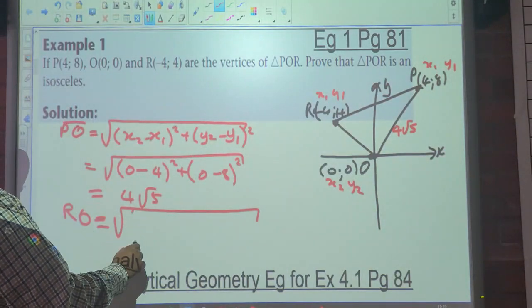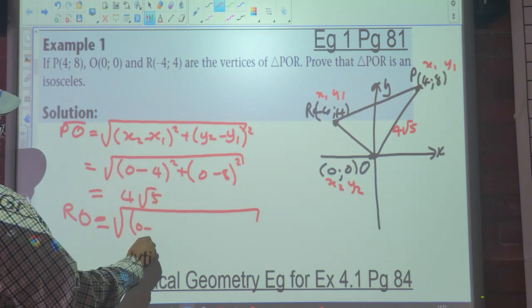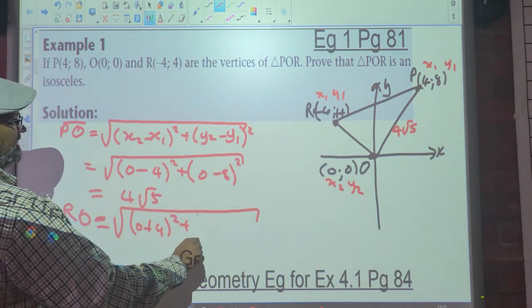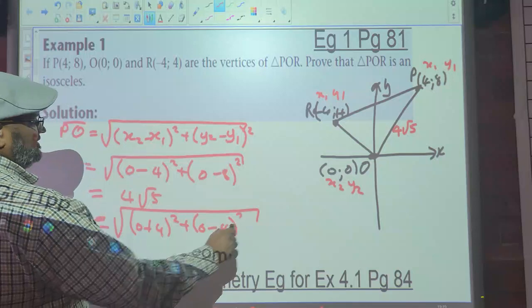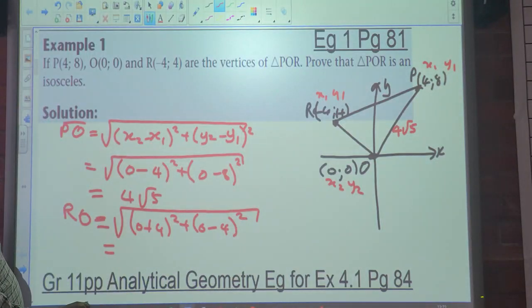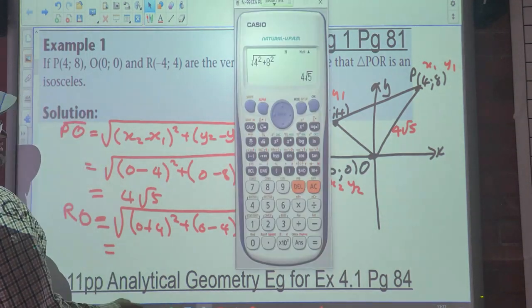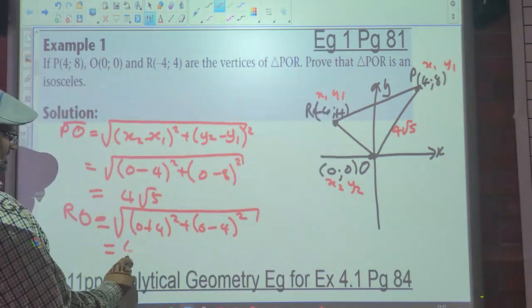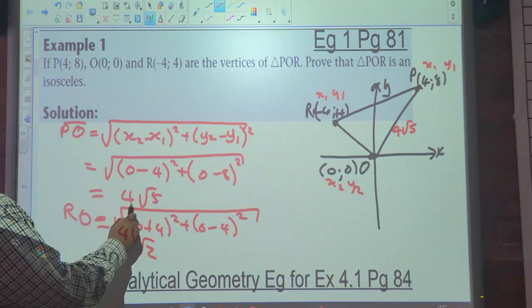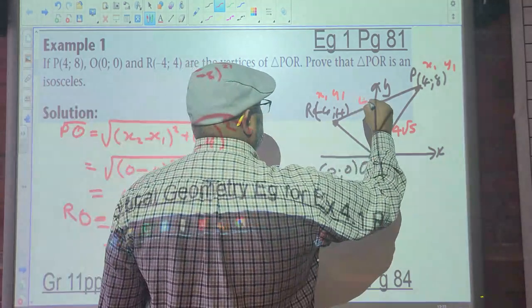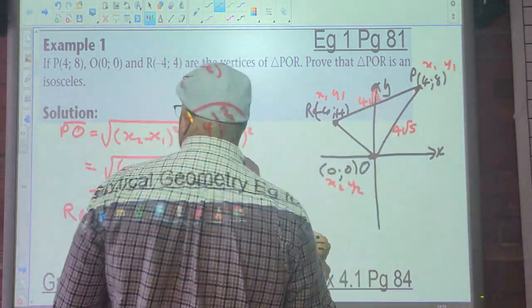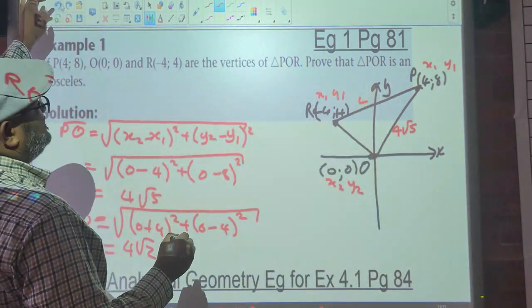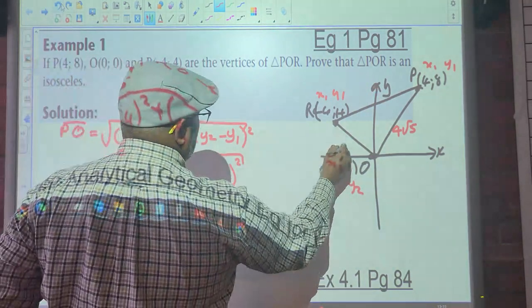So this will be 0 minus (-4), becomes plus 4, squared, plus (0 minus 4) squared, which is 16 plus 16 is 32, the root of 32, which gives you 4 root 2. Are these two equal? No, that is 4 root 2.